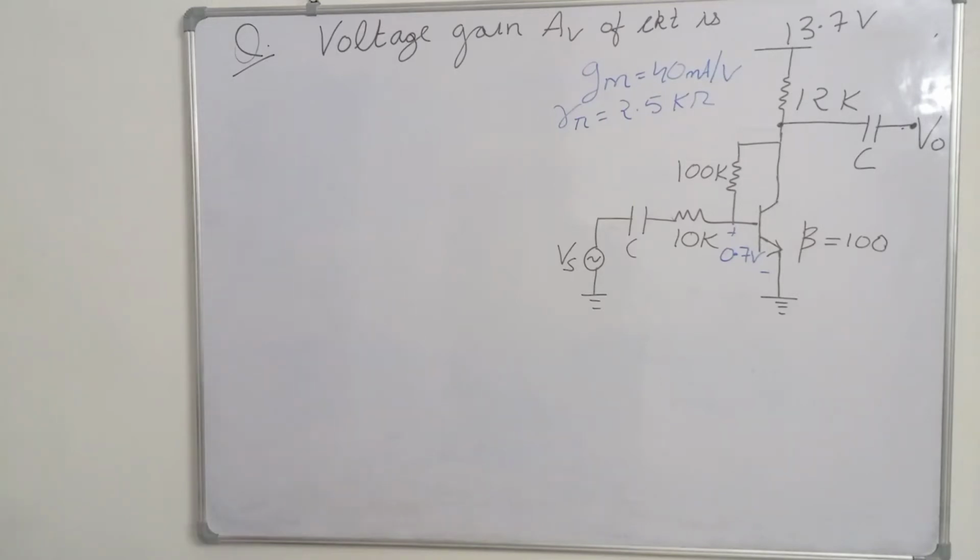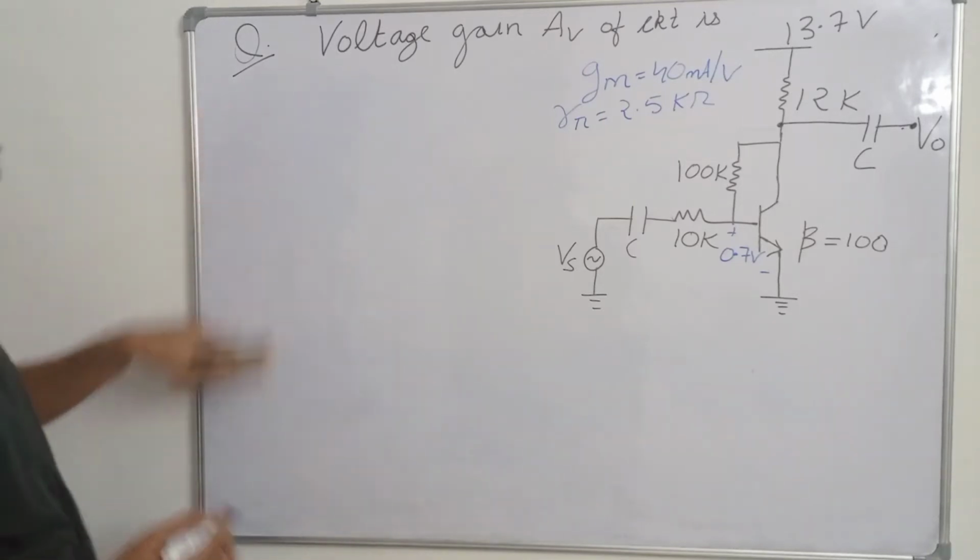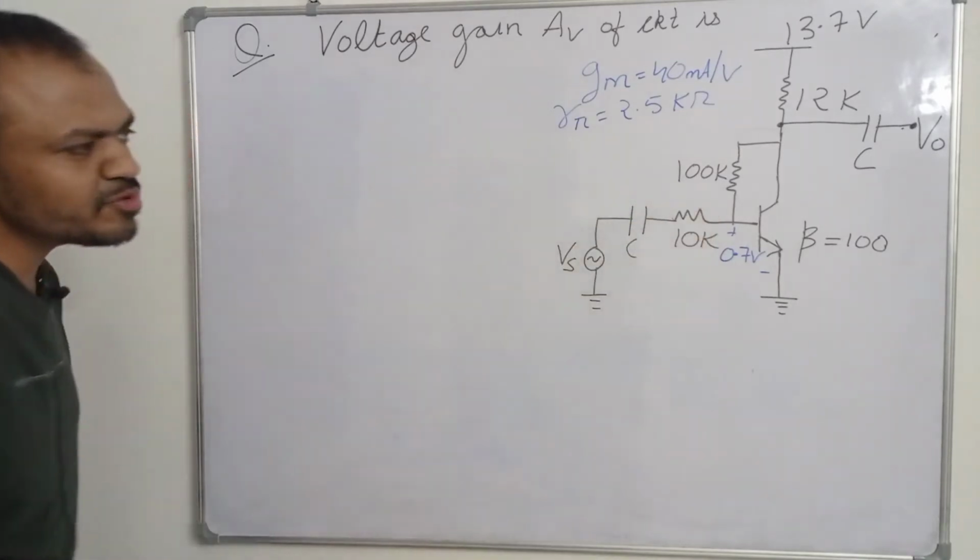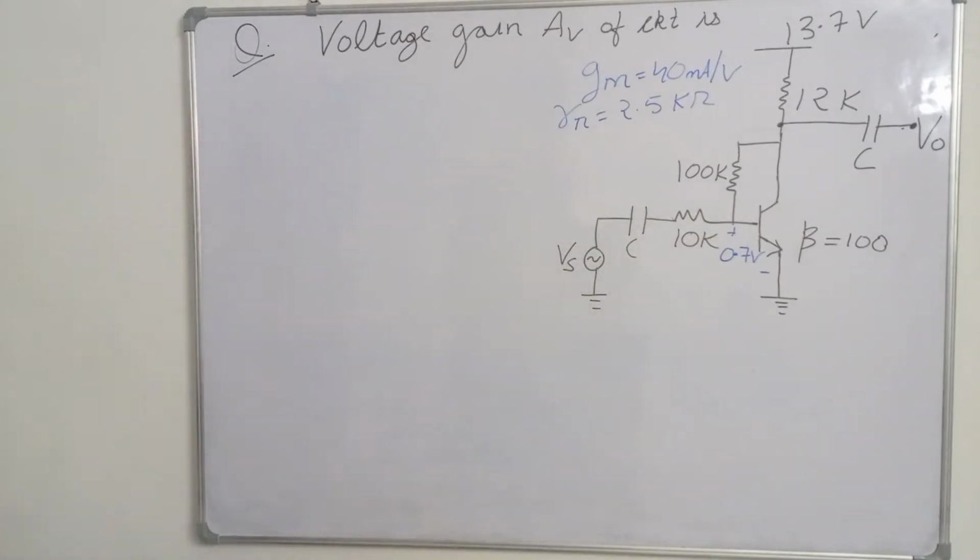So we will have to apply Miller's theorem, because this resistor is connected between input and output nodes, so it will cause difficulty in drawing the AC equivalent circuit.